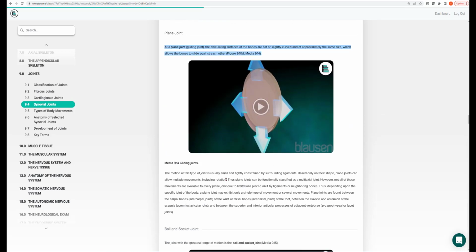Again, all of these three that I'm having you basically skip over are all found in the ankles or in the carpals or tarsal areas or in the hand. These gliding joints are what are found between the intercarpal joints. Think about that, right? In between, inter means between the carpal bones, and the intertarsal joints between the tarsals of your ankle.